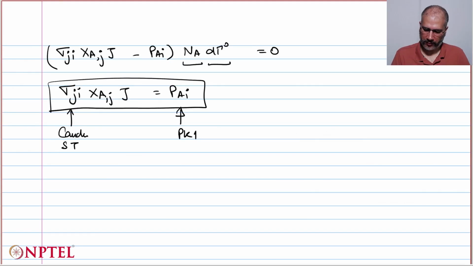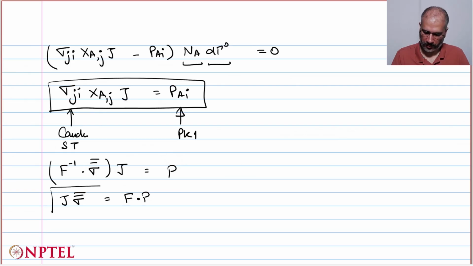So on the left hand side we have X_A,j times σ_ji, and X_A,j is basically F inverse dot the sigma tensor times the Jacobian, which is a scalar, is P. So if I pre-multiply by F on both sides, I get just J times sigma as F dot P. I'll put it in a box because this form is something we'll be using in solving problems.